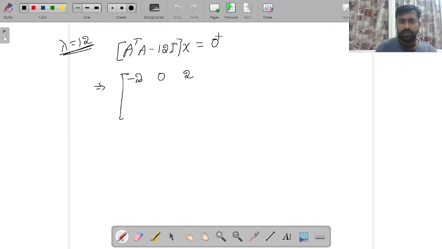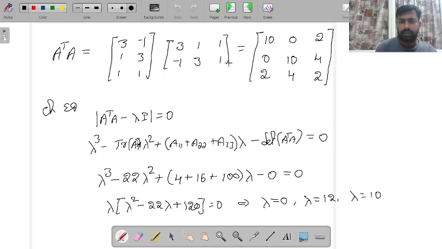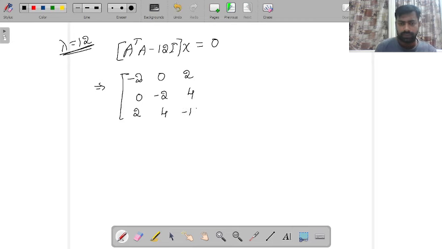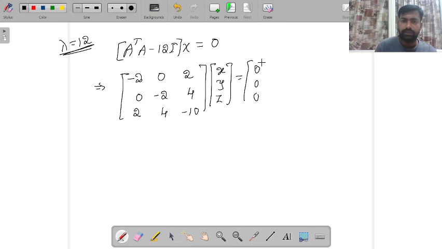And this is 0, negative 2, 4, and this is 2, 4. This is actually 2 minus 12, which is negative 10. Multiplied with x, y, z, equal to 0 0 0.